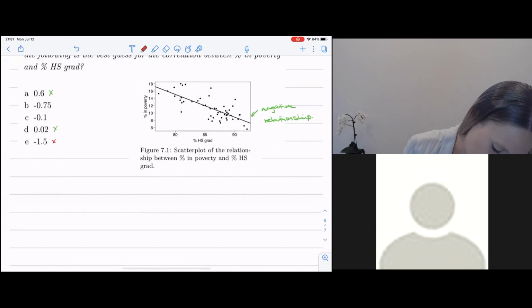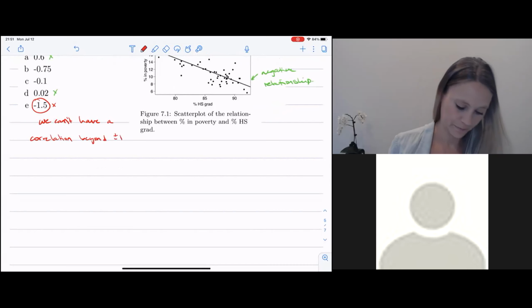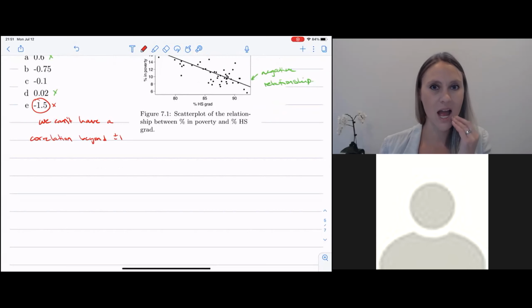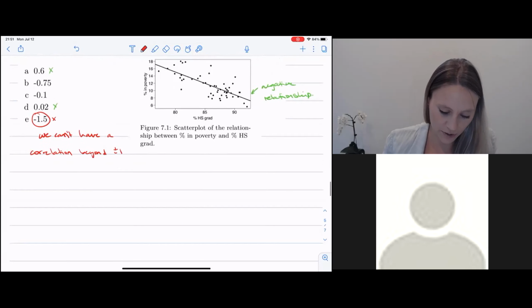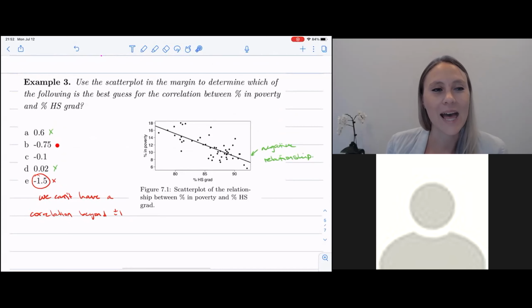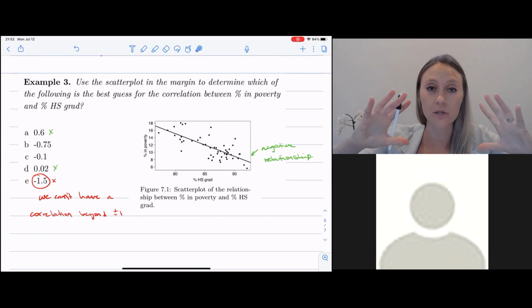We can't have a correlation beyond plus or minus 1. Okay, so that's good. Now we're really only choosing between two options. And negative 0.1 would be just a cloud of data, because that's really, really close to 0.